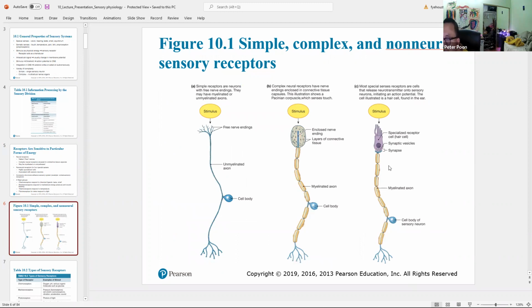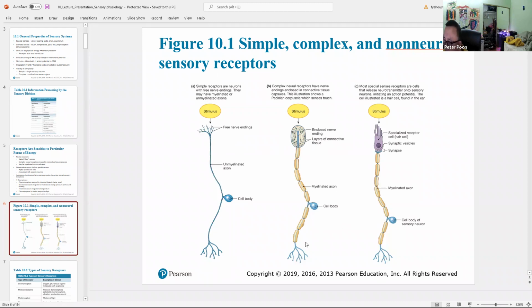The simple receptors here are really easy. The stimulus comes in. This one has a modified stimulus because it has an enclosed nerve ending, so the stimulus needs to be a little bit stronger to stimulate the corpuscle.